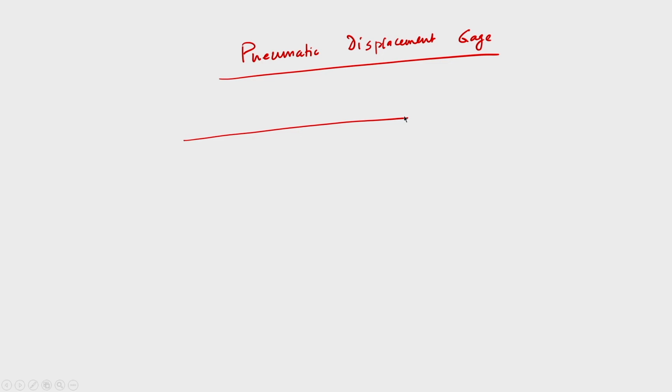So, first of all I will try to draw a schematic. I am writing pneumatic displacement gauge.